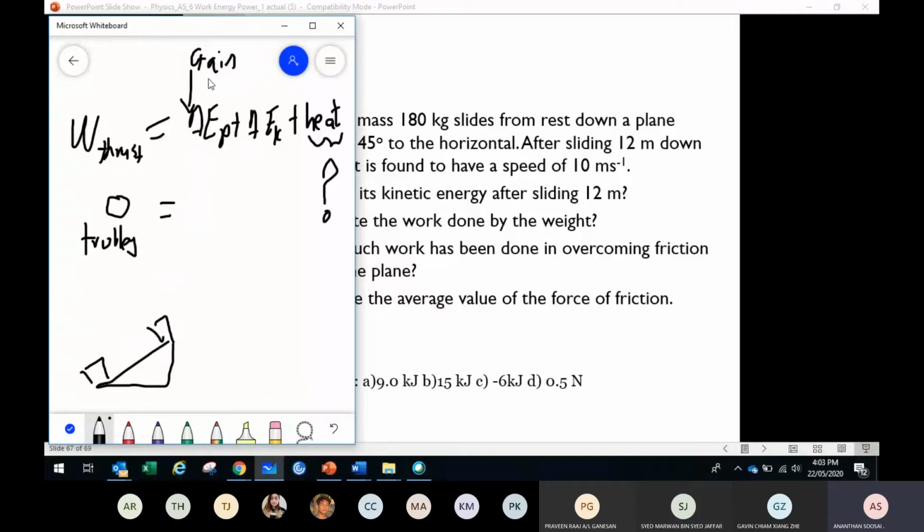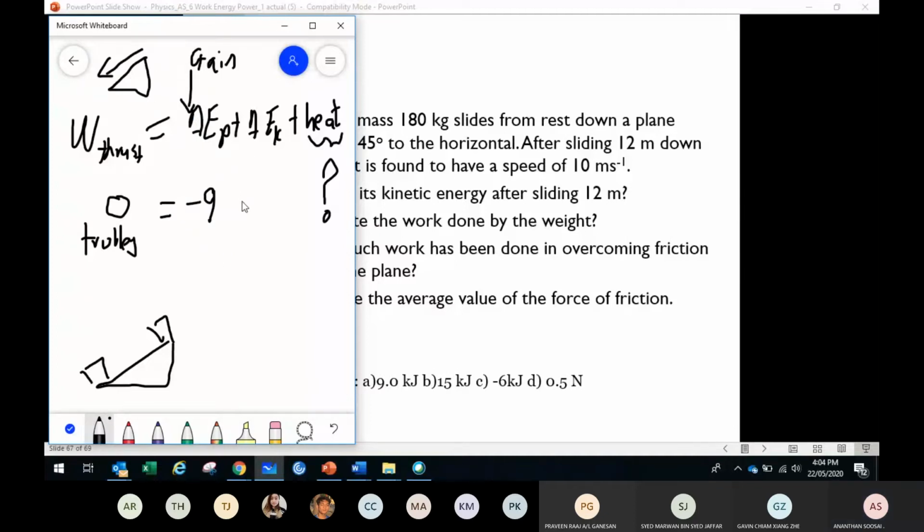So the gain in EP is negative 9. You don't gain, you actually lose. So anything sliding down, the gain in EP is always negative. If it slides up, the gain in EP is positive. Remember, important.